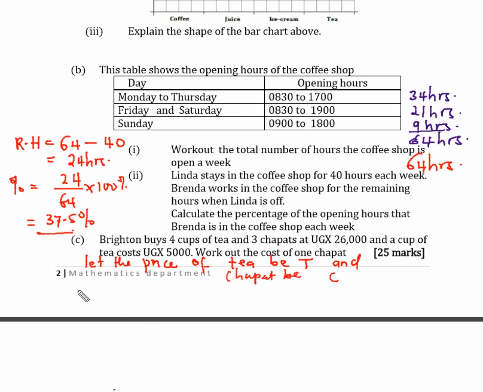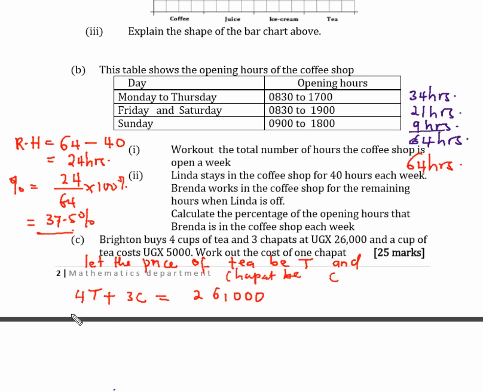Therefore, we shall say 4T plus 3C is equal to 26,000. Is that okay? And they are telling us that a cup of tea costs 5,000 Ugandan shillings, implying that we shall substitute it here, and we find the value of what?